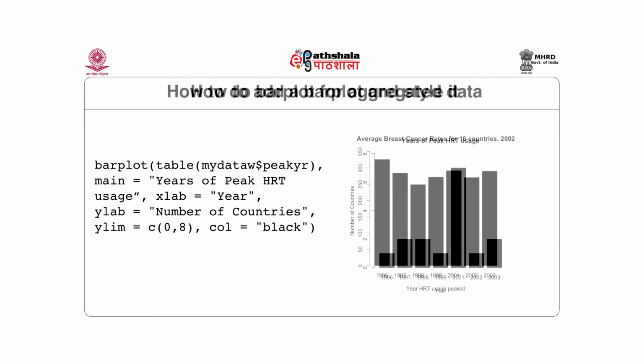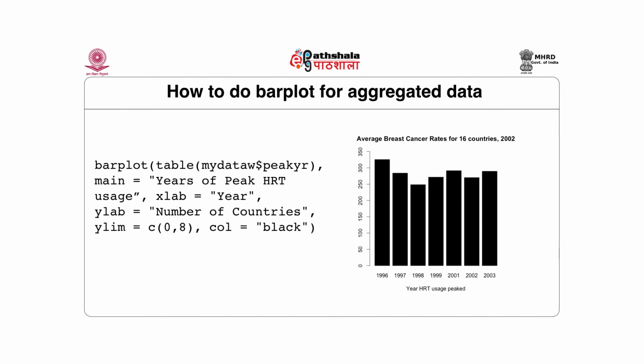Another example, which is quite important, is when we start talking about aggregated data. In case of aggregated data, we have some data sets in which we have decided to create a variable that will tell us, say, average breast cancer incidence rates.